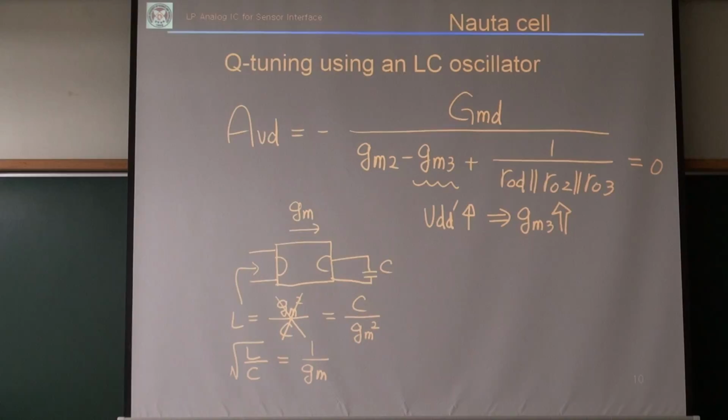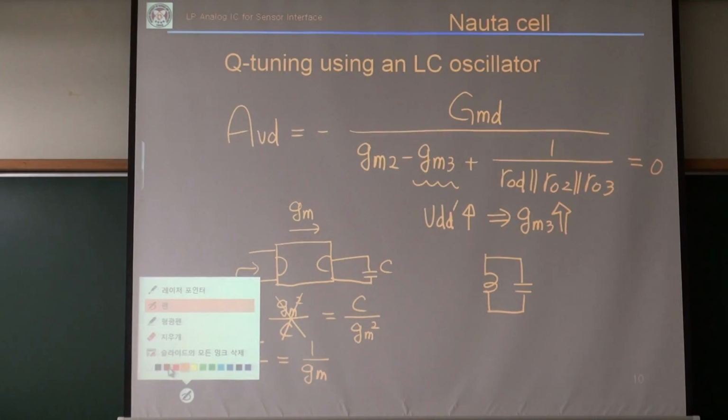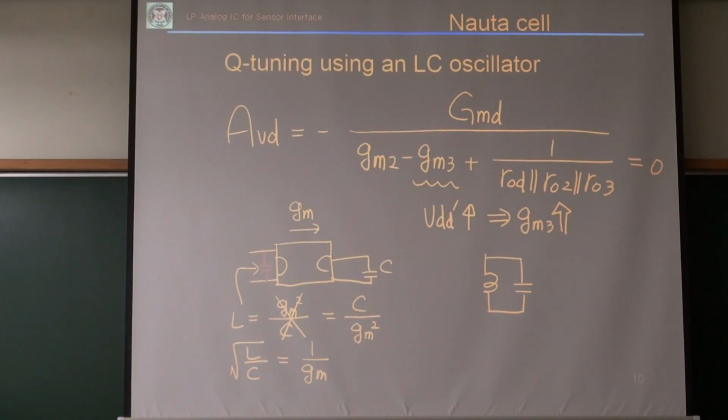So, yeah, I want to have an LC oscillator, something like that. Okay. Then I can put C there, right? If I put C here, then I have this LC resonant circuit, okay? If you put a capacitor there, then we have an LC parallel circuit.